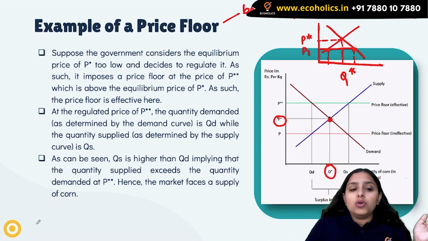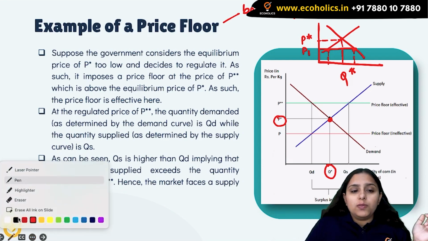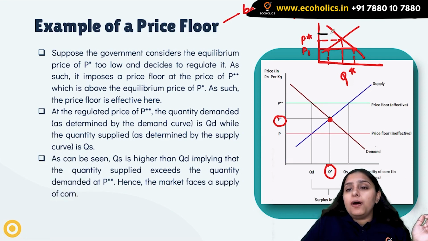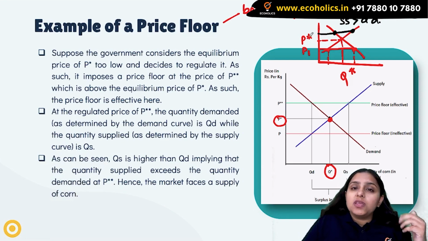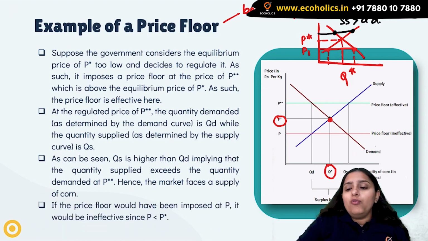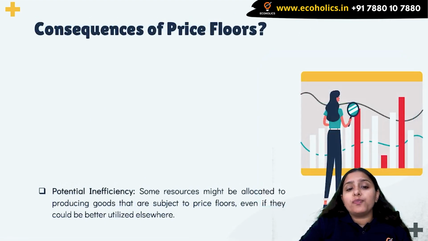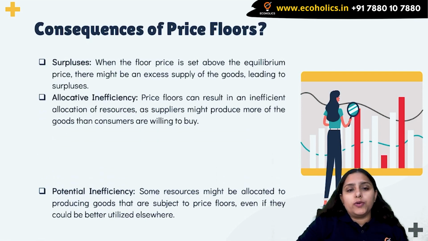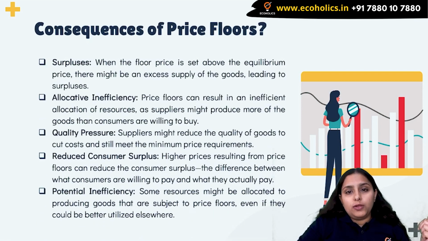So we need to keep the price floor above the equilibrium price, where supply is greater than demand, so that the people can be given their rights. That's the reason. Now, what are the consequences of a price floor? What do you think will be those?